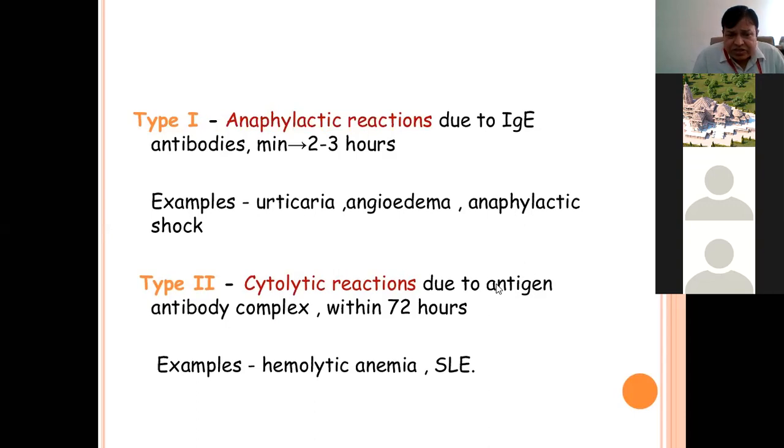This reaction we can see in hemolytic anemia and SLE. SLE is systemic lupus erythematosus, a type of skin rash over the entire body and face of the patient, that induces redness in the body.